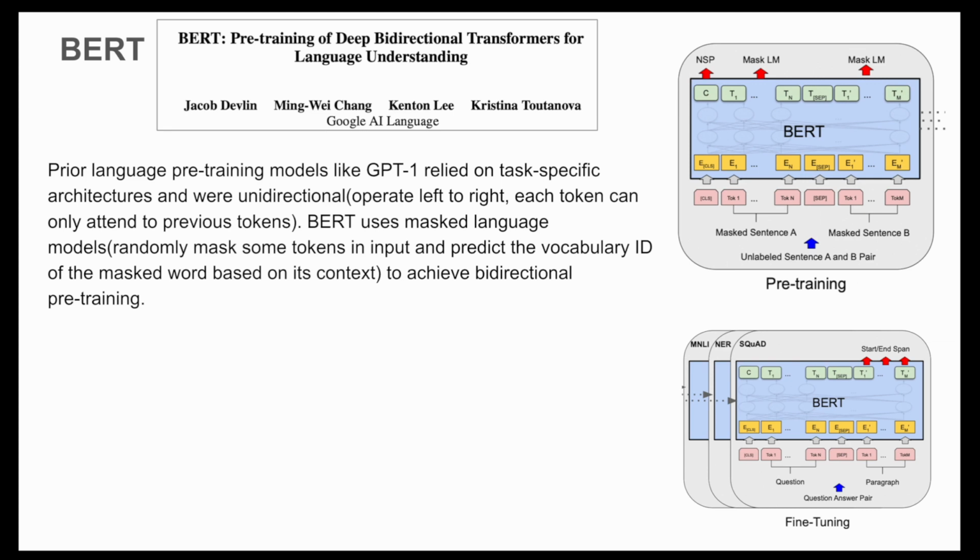BERT used masked language modeling. The idea of a masked language model is to randomly mask some tokens in the input and predict the vocabulary ID of the masked words based on the context of the sequence. And by doing this, BERT achieved bidirectional pre-training.